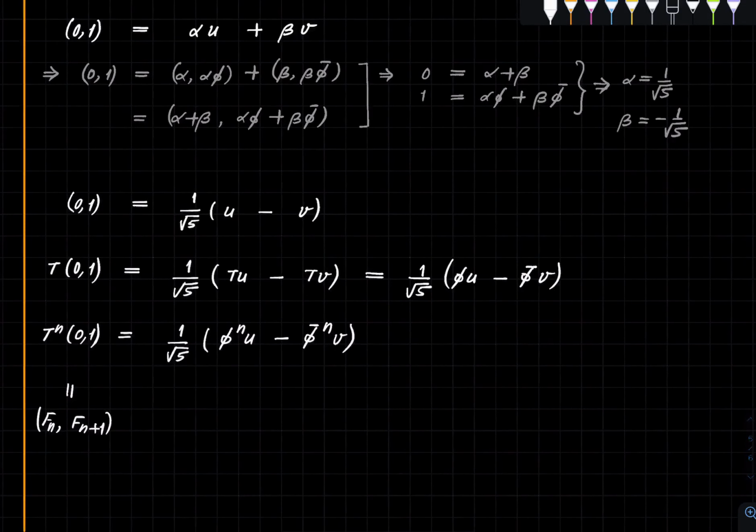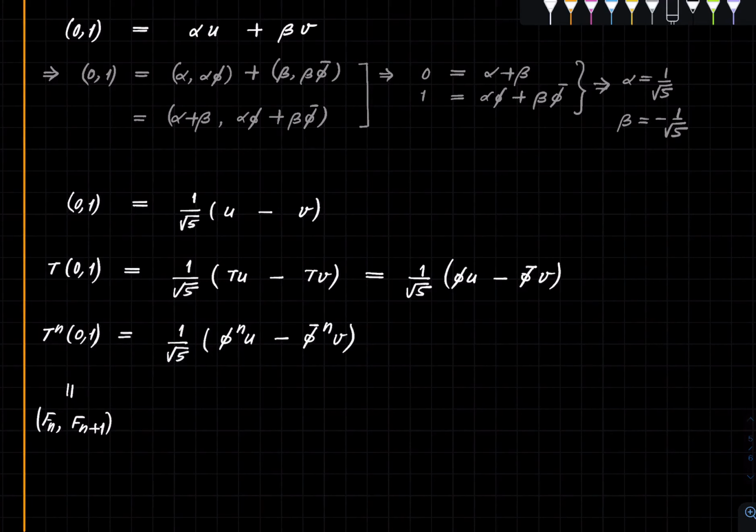Yeah, so we have this, and therefore if we can just extract out the first coordinate of this, we will be done. But the first coordinate is very easy to write down because we know what U is. U is (1, something) and V is also (1, something).